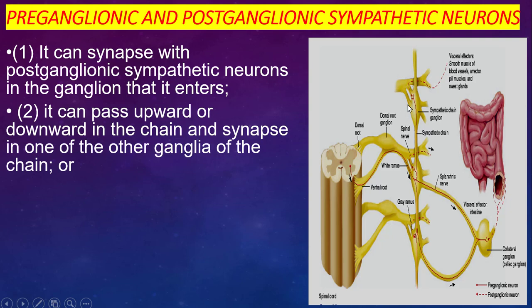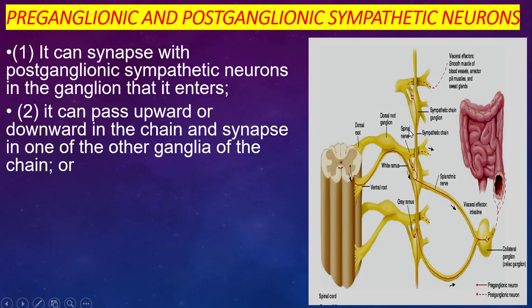When this preganglionic neuron originates from the spinal cord, leaves the spinal nerve and enters the sympathetic chain, it may either pass upward or downward and then synapse in the other ganglia of the sympathetic chain.